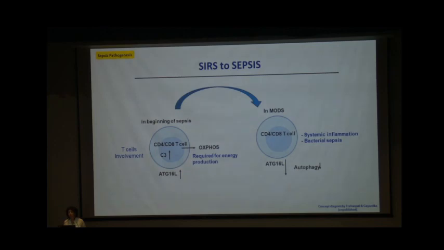Surge to sepsis. What happened in the complements? As I told you, C4B complement is very protective. However, in the beginning, there is an autophagy marker which is increased, and at that time cells need food and energy production, and these three components make the cells survive and proliferate.